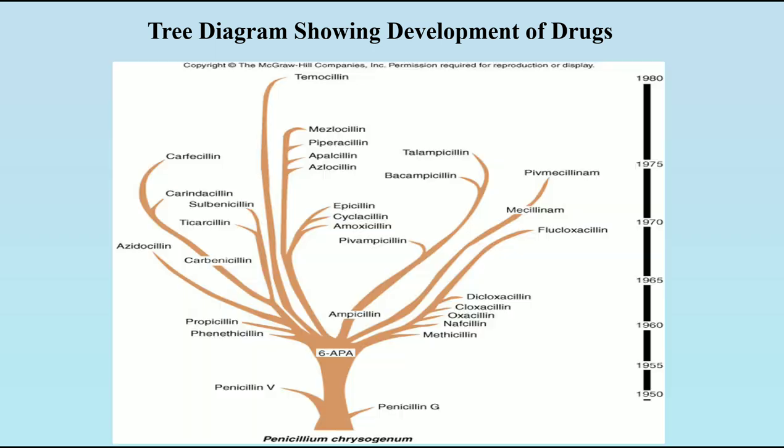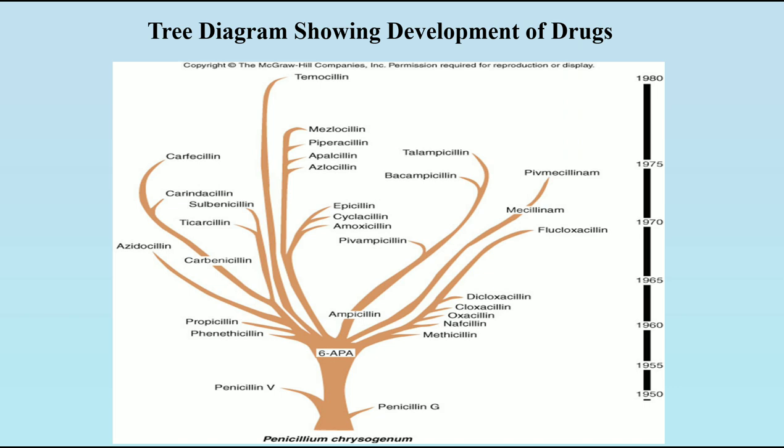Now, moving towards the tree diagram showing the development of drugs with the passage of time. So, this is the tree diagram, and you can see that at the bottom in the center, it's the Penicillium chrysogenum, which is the mold from which a specific substance like penicillin G was produced.